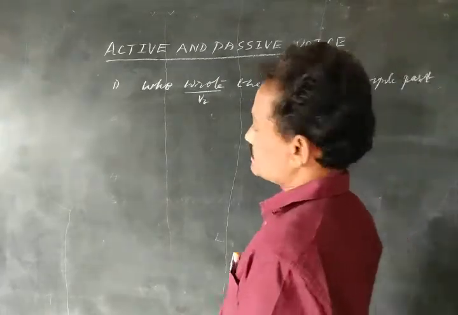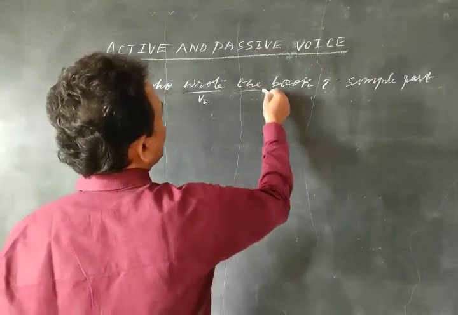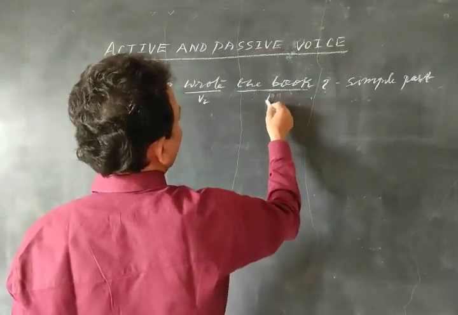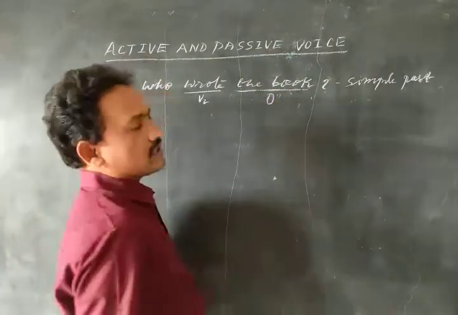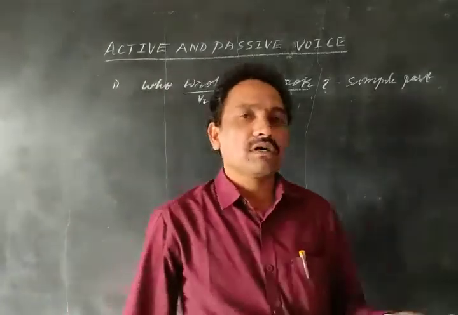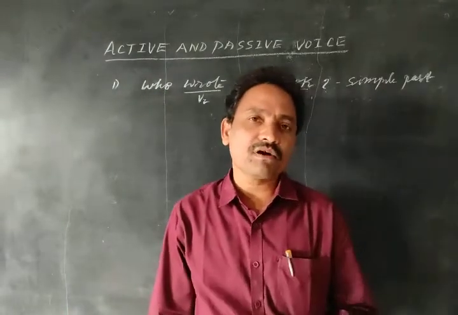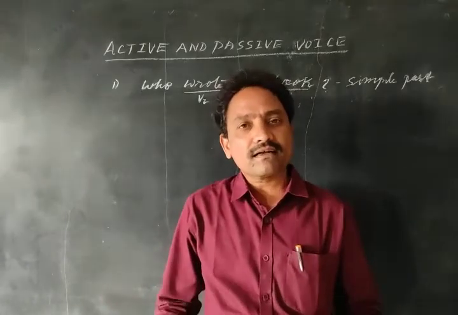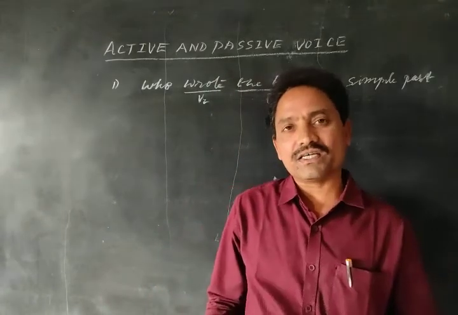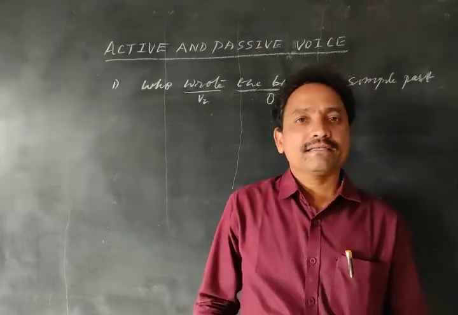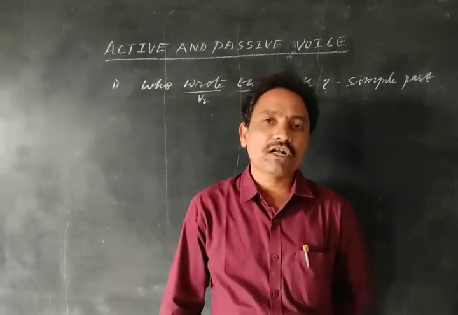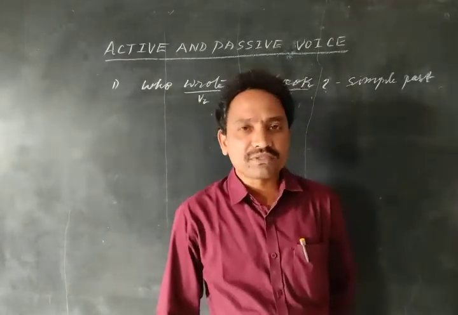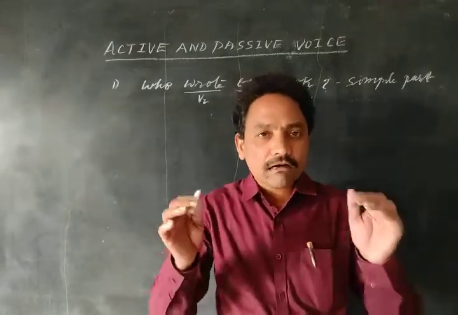The book, as you know, is the object. The five rules: subject becomes object, object becomes subject, and a suitable be form with regard to tense and number. These are all common and do not change. Then the preposition by, or a suitable preposition like by or to, and verb 3, the past participle. These are all common rules.